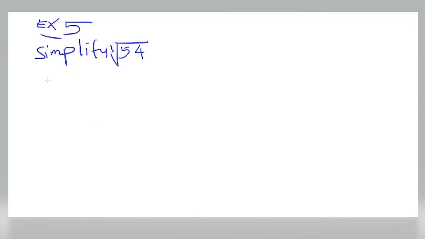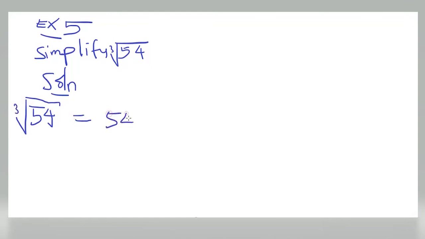Okay. Now solution. Now 54, third root, this one can be written as 54 power 1 over 3. Now factors of 54. What are the factors of 54? Okay, you can do the same method.